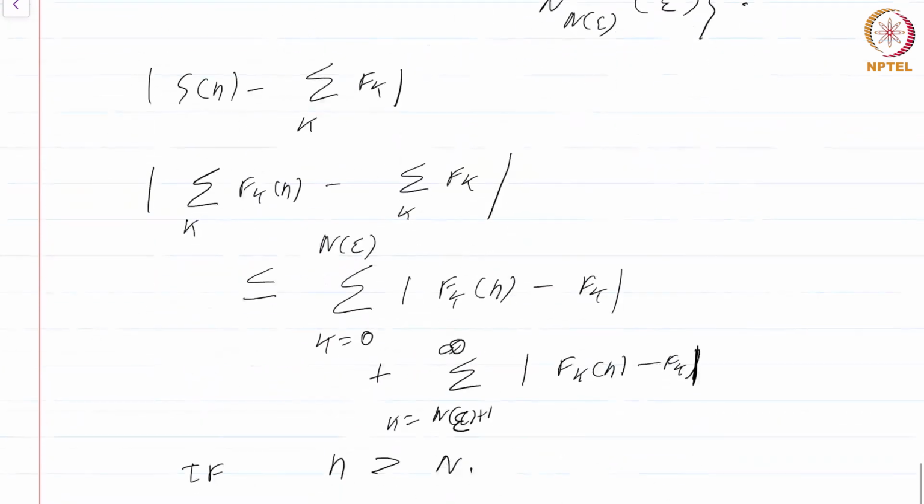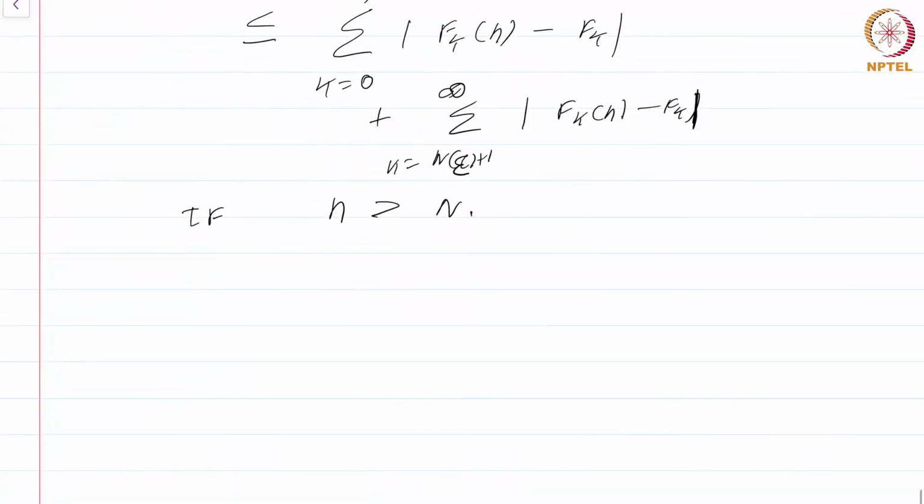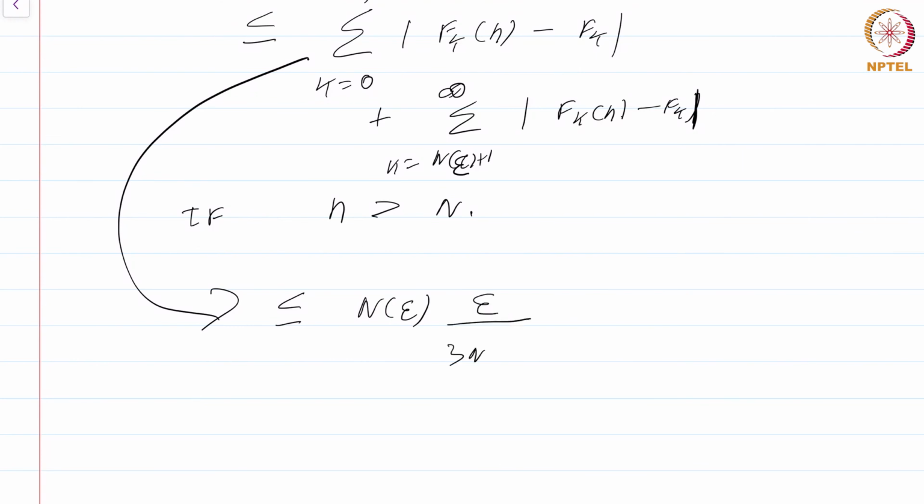So this first quantity will certainly be less than or equal to N epsilon times epsilon by 3 N epsilon. Why is this the case? Each term mod f_k^n minus f_k is less than epsilon by 3 N epsilon, and there are N epsilon such terms.